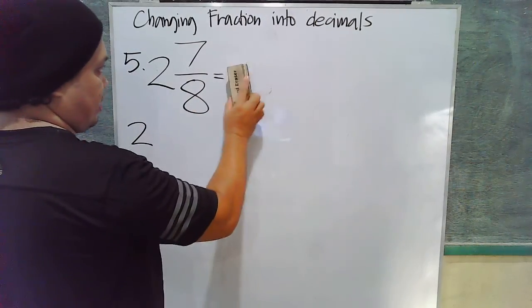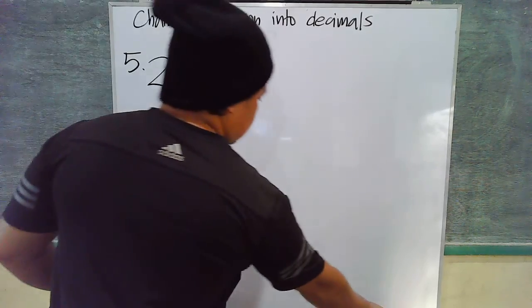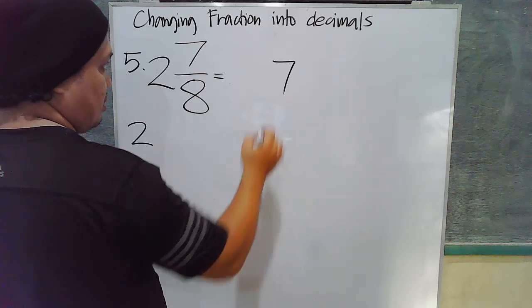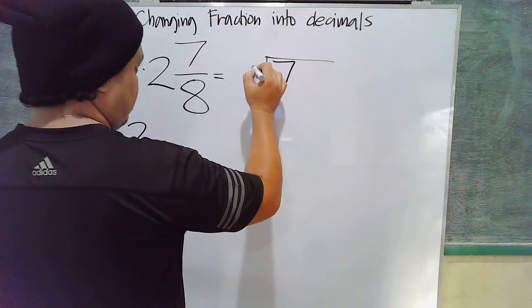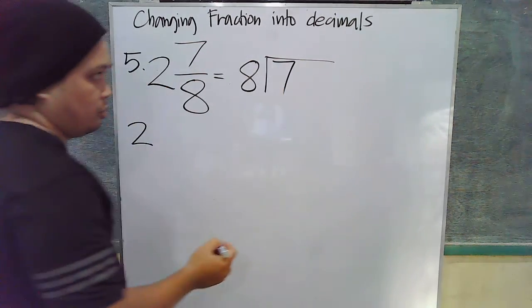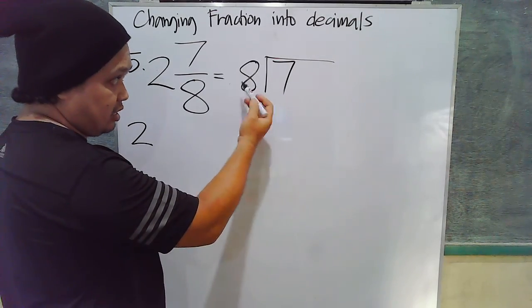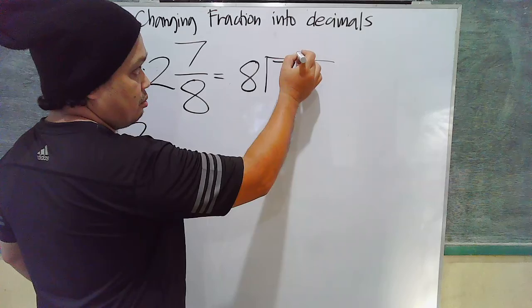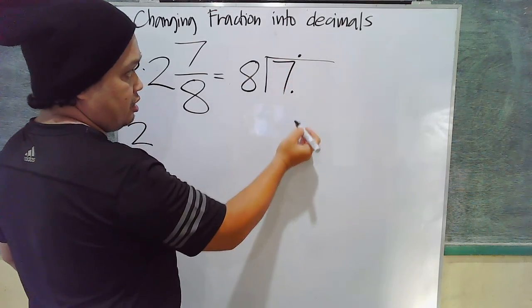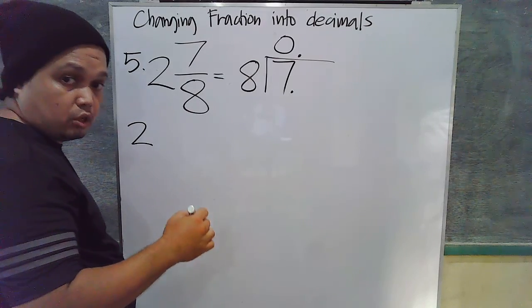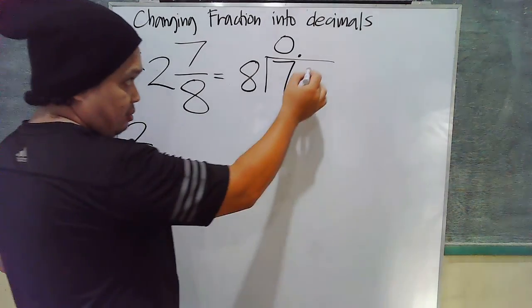Now let's divide, 7 for the dividend, 8 for our divisor. Because we cannot divide, since 7 is less than 8, let's use a decimal point here, and 0 here above 7. So that we can divide, we're going to borrow 0.